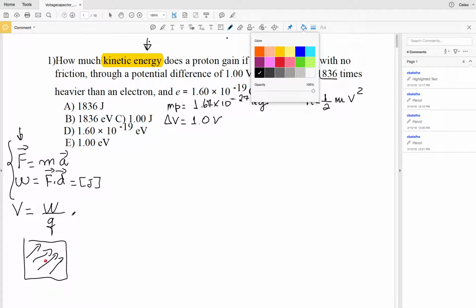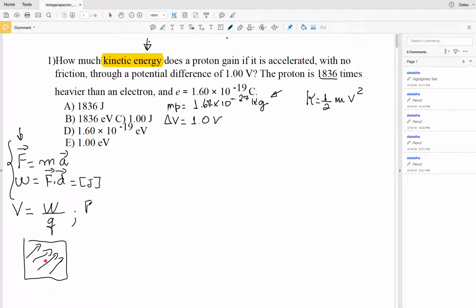And this we are learning in Physics 2B: the force is equal to the product of charge times the electric field. So QE is the force the particle feels. If it is a positive particle, it is going to move in the direction of the electric field. If the charge is negative, the force is going to point in the opposite direction. So that's the second major equation we are learning in this chapter.